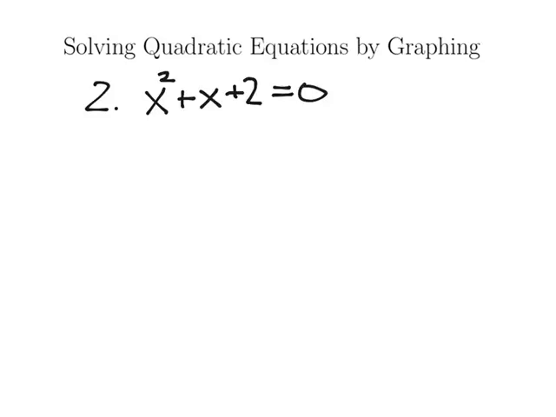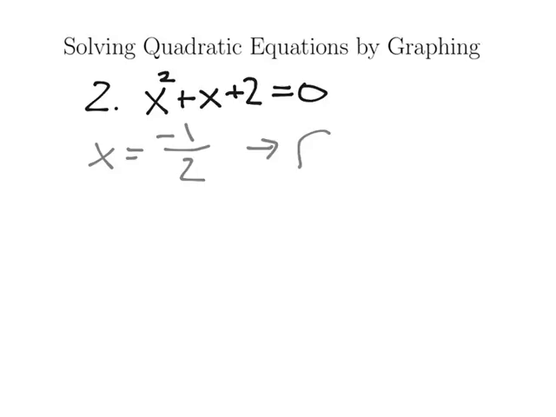So here I have problem number 2, x squared plus x plus 2 is equal to 0. I start by finding the vertex. X is negative b over 2a, which is negative 1 over 2 times 1.